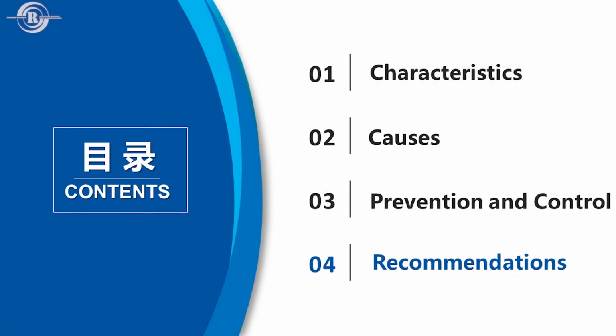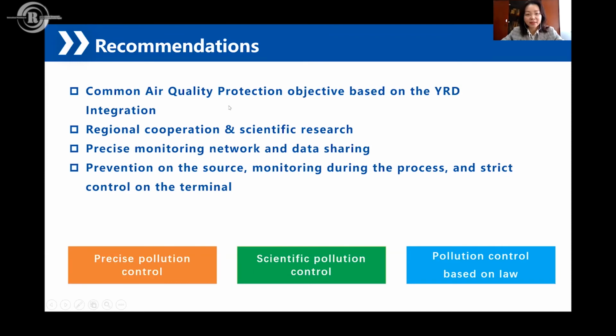Now the final conclusion, or initial recommendations from my point of view. This is my last slide. During the past years, not only in Shanghai but also in Jiangsu and Zhejiang, we made common efforts to reduce the emission of VOC and NOx.